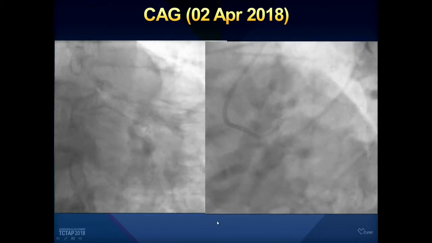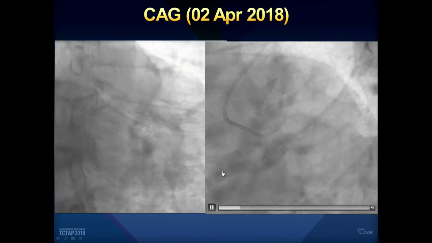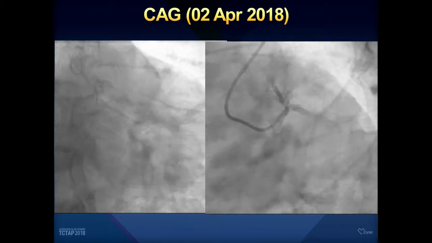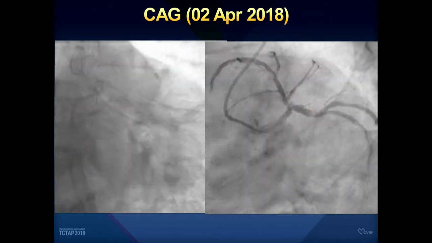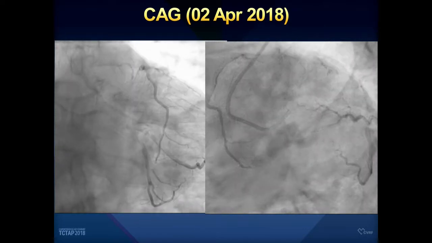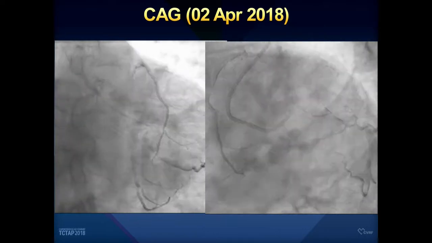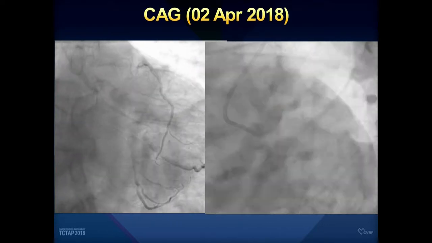Next one. On spider view, there is some suggestion of plaque rupture, haziness was noted on the LAD ostium and LCX ostium, and also some linear defect can be seen in the proximal LAD region.